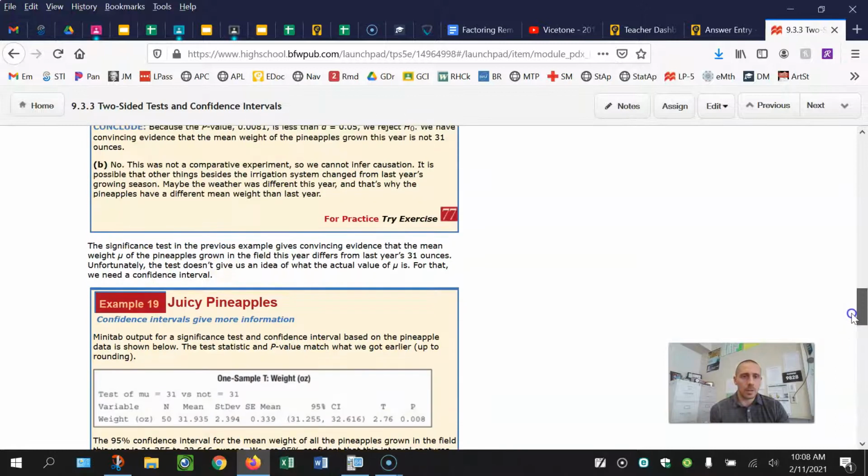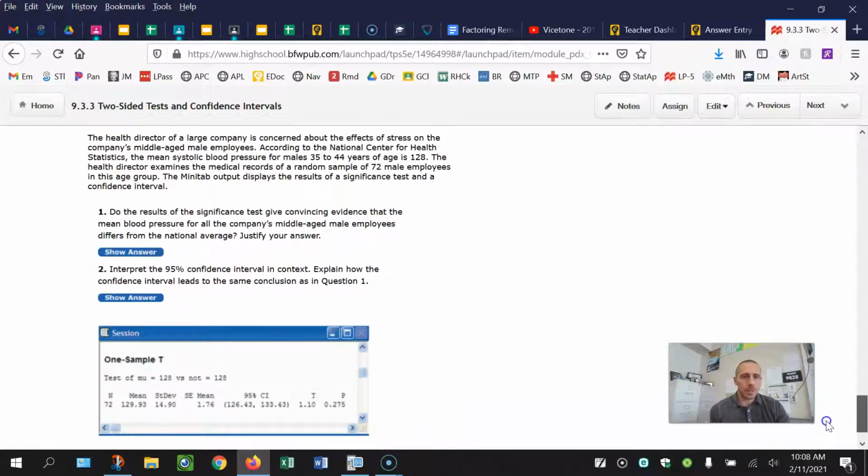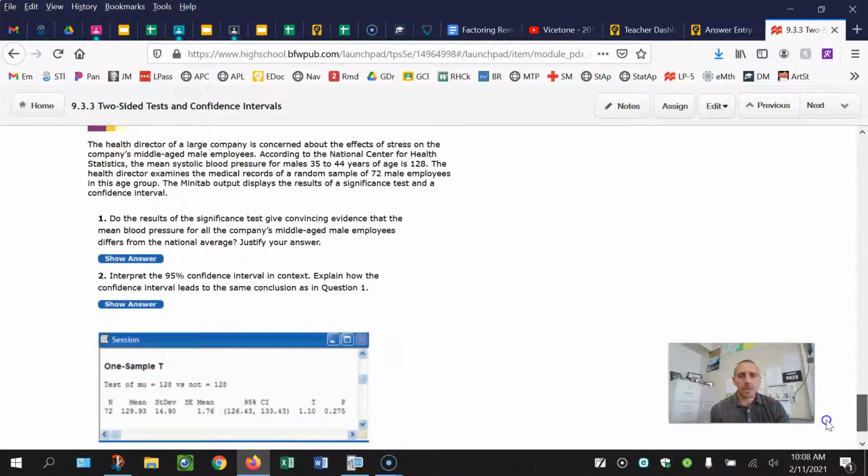All right. Is there a connection between one-sided tests and confidence intervals? Let's take a look here. This is for a two-sided test. All right. They claim that the mean blood pressure for males 35 to 44 is 128.